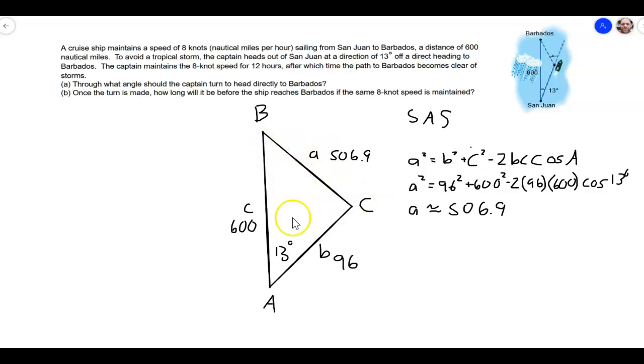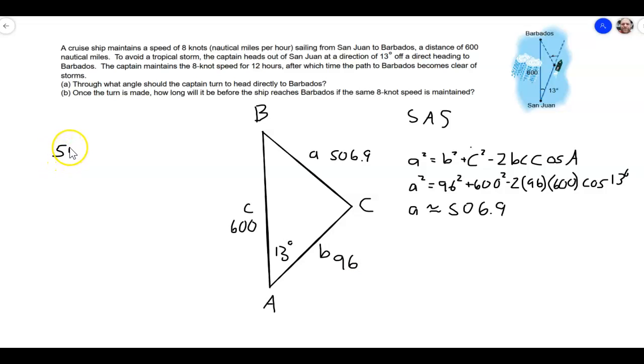All right, so let's go ahead and use the law of sines to figure out what C is, because we need to use that because we only have one of the angles so far, but now we have those two sides. So we're going to use law of sines. So let's do that over here.